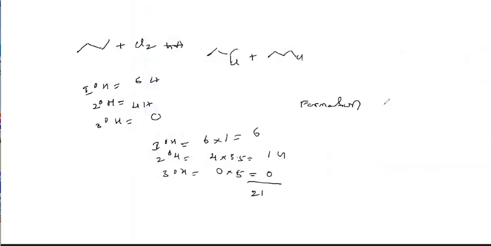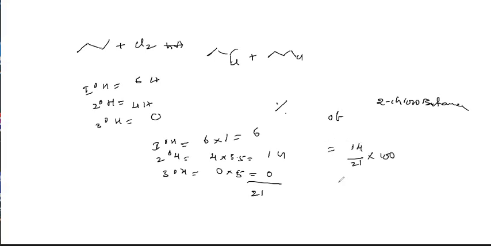Formation of 2-chlorobutane. Can you write down the percentage of 2-chlorobutane? Here, whatever is secondary hydrogens, 14 by 21 into 100.